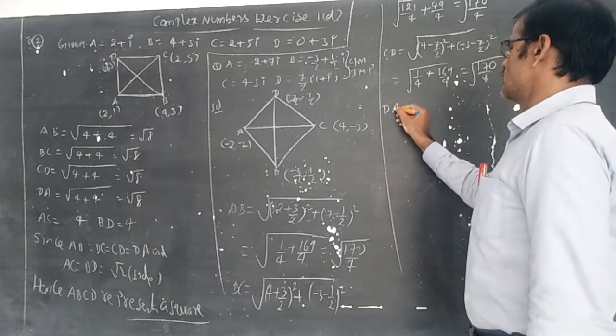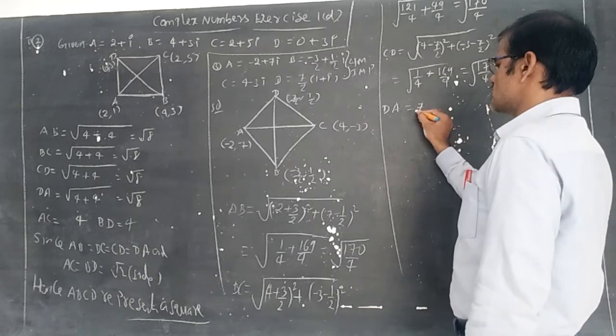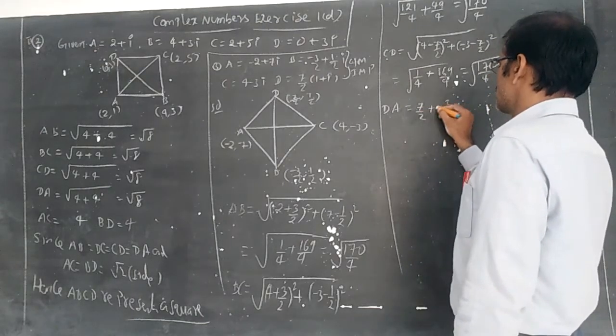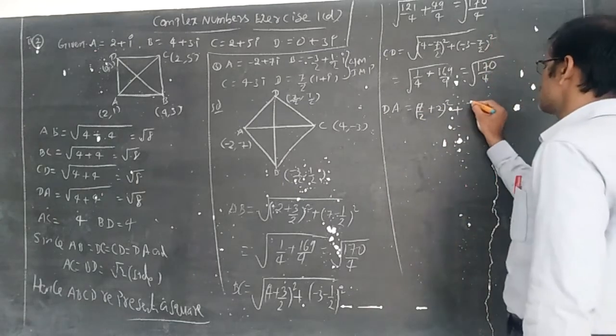Now DA. DA is equal to root of (7 by 2 plus 2) whole square plus (7 by 2 minus 7) whole square.